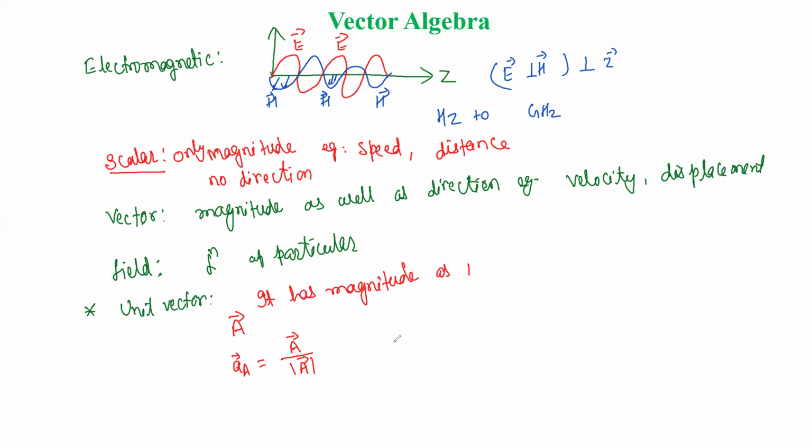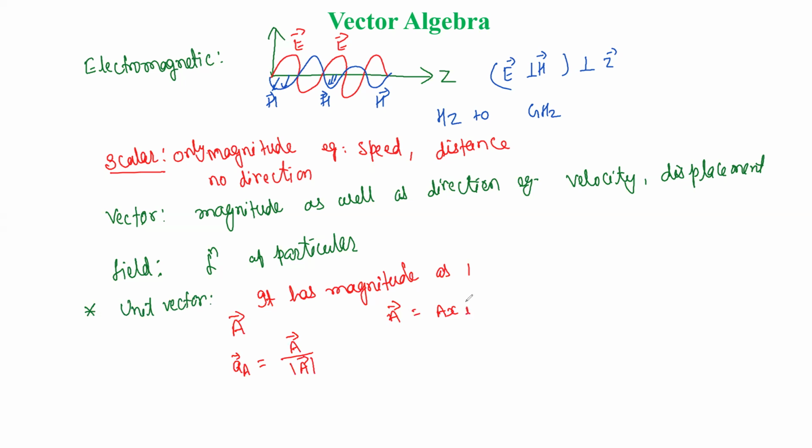Later we are going to discuss coordinate systems. Suppose we consider vector A in Cartesian coordinates as Ax, and we have other components that we can write here.